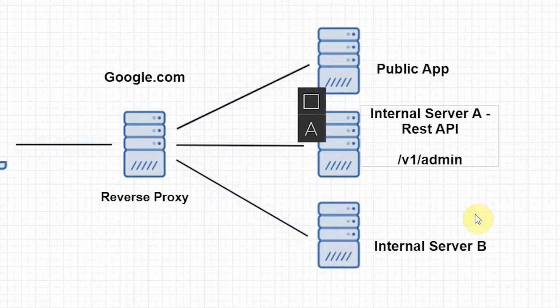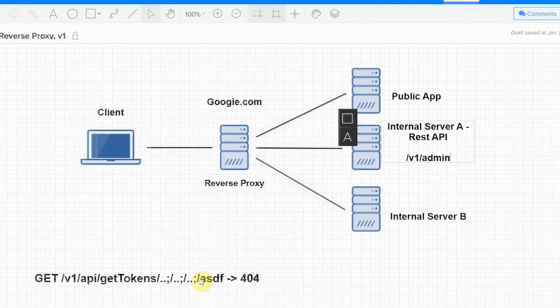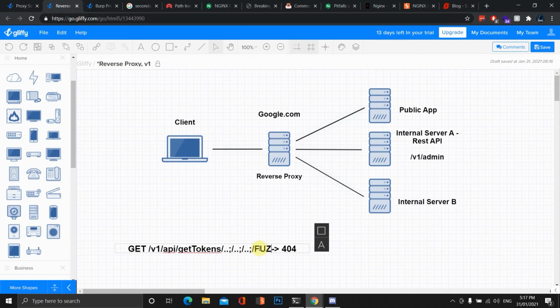So what do we need to do? We need to fuzz. We can use ffuf, we can use dirsearch, we can use many fuzzers, wfuzz, whatever. And then our word list may contain this internal REST API, and we may fuzz it and get this here.